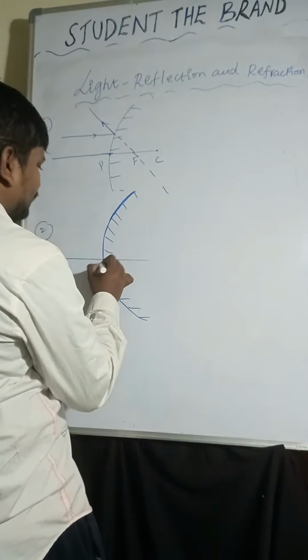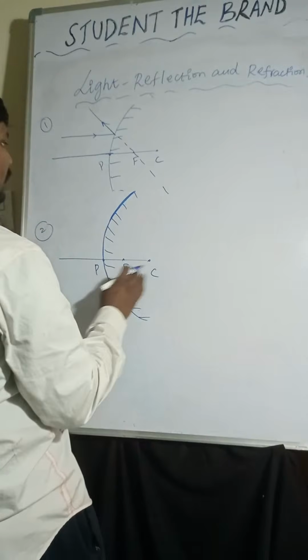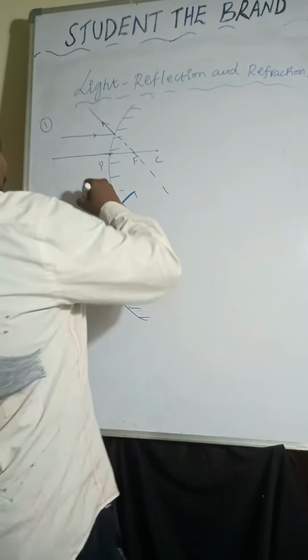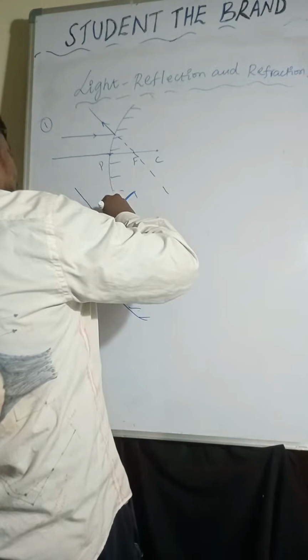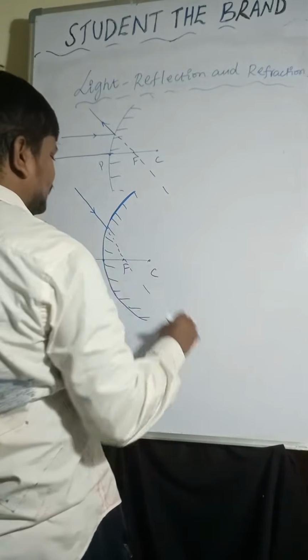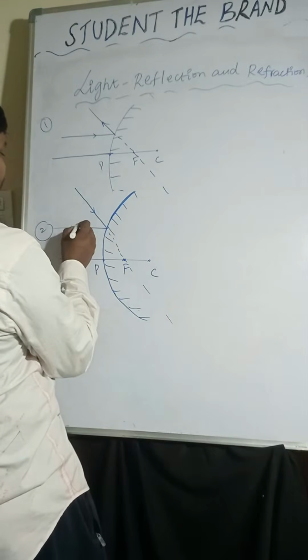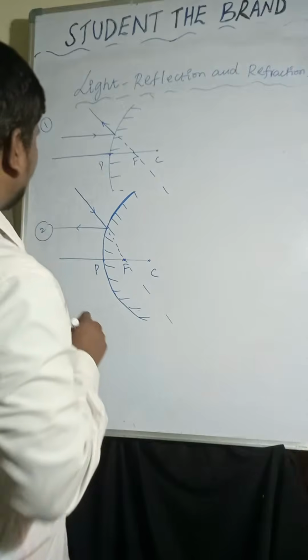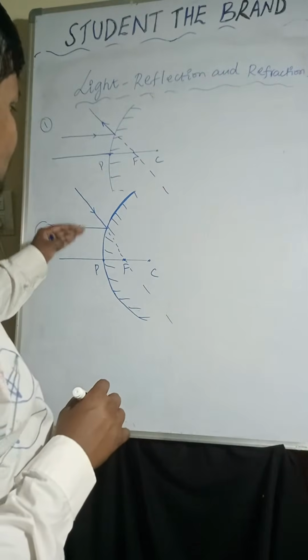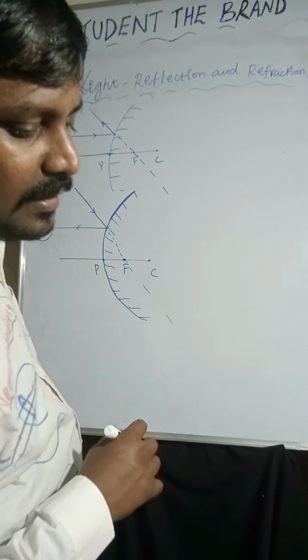This is the pole, focus, and center of curvature. I hope it is very clear to you all. This is the focus. After reflection, it will become parallel to the principal axis and reach the infinity point. Okay.